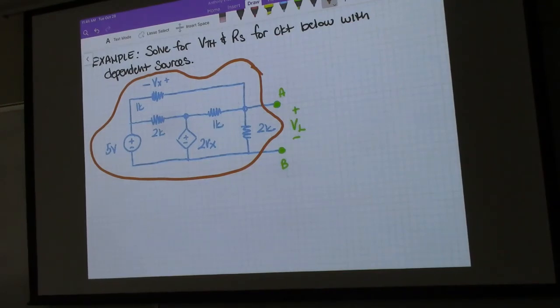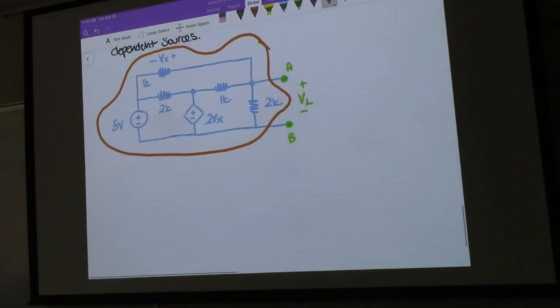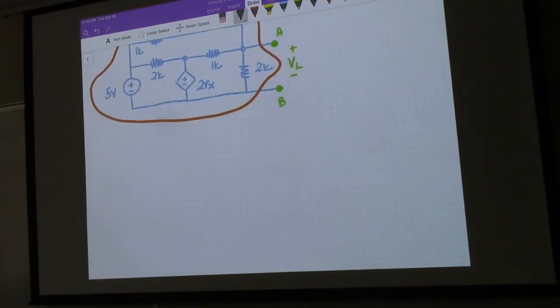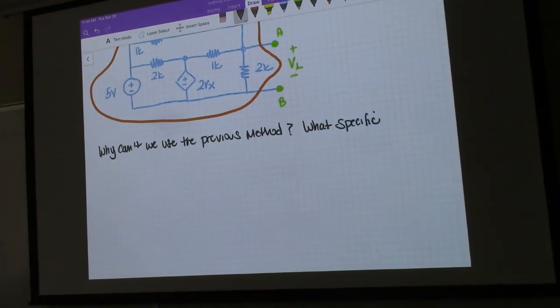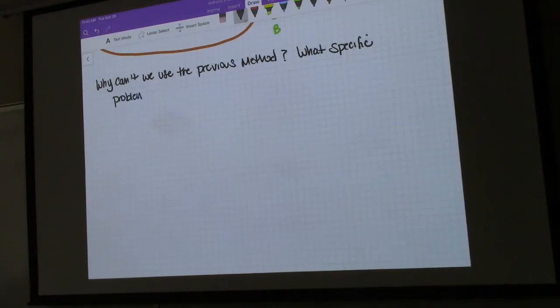All right. So now we ask ourselves, so we can still, fortunately, we can still find VTH using the open circuit terminal case.